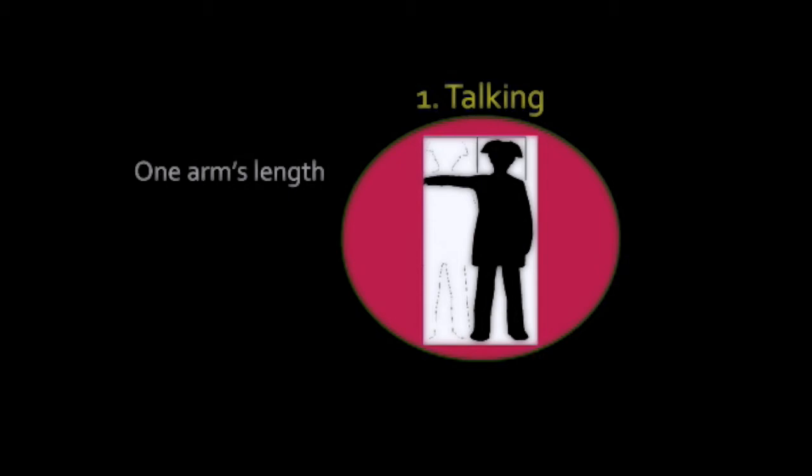I must move further away. Moving 1 arm's length away is a good action. 1 arm's length is for talking with teachers and friends. Can we all stand up and show 1 arm's length away from friends?